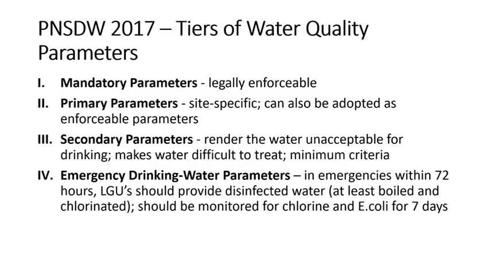So note that in the event of calamity like earthquake, flood, landslide, the LGU in your area should be able to provide an emergency drinking water within 72 hours. Alright, so this is important. In case of emergency, the LGU should be capable enough to provide drinking water within 72 hours. And they should be at least disinfected using the minimal standard procedures like boiling and chlorination.